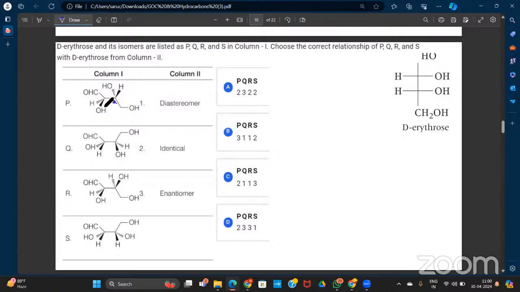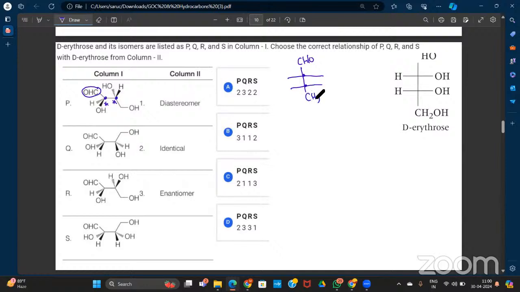I can make a Fischer projection. If I write the Fischer projection, what I have on the plane is CHO on top and CH2OH at the bottom. Here I have a chiral center, and this one is also a chiral center.